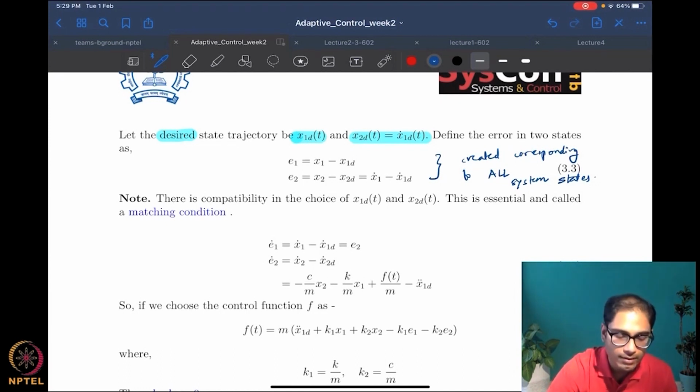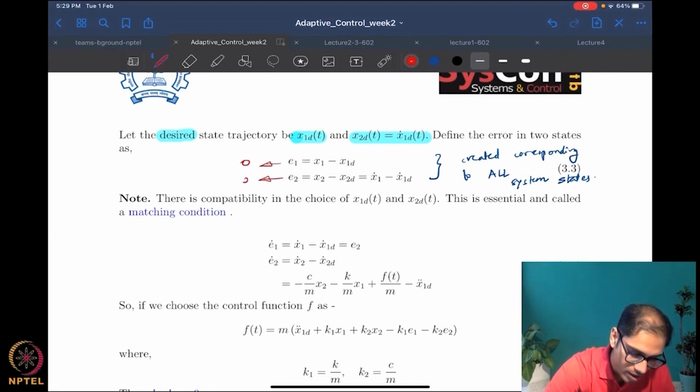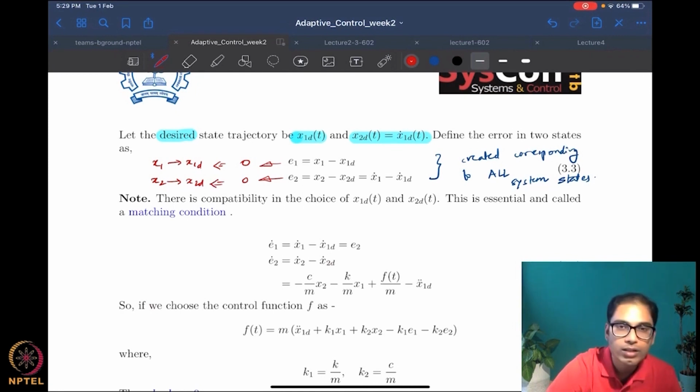Why does this make sense? It makes sense because if both these errors are going to 0, what do I have? I have what I desire. This implies that x1 goes to x1d and x2 goes to x2d.